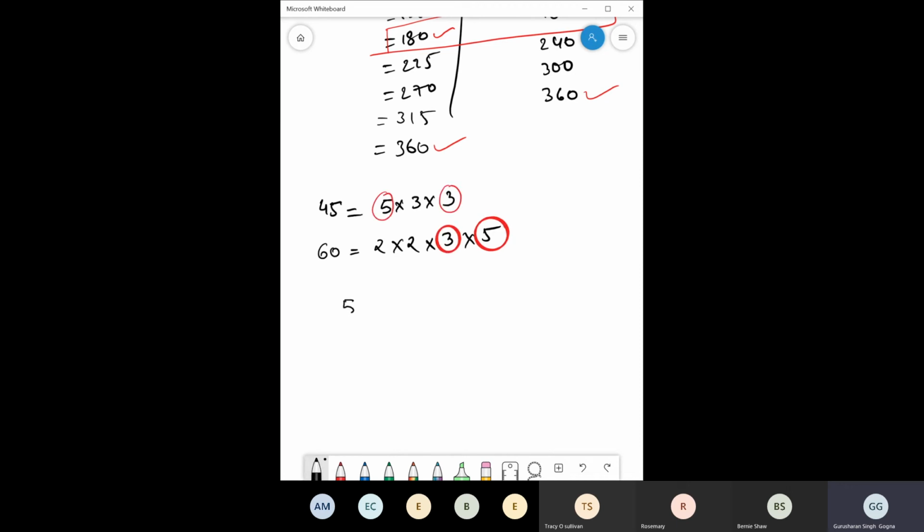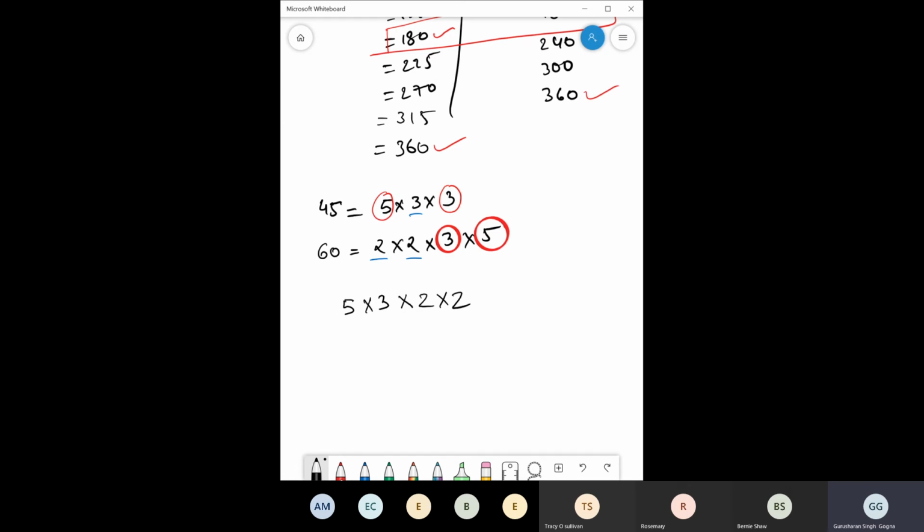So write down here 5 and 3. Obviously this is your highest common factor, but for LCM you need to do one extra step. Write down the 5 and 3 which are common, and then write down the single ones as well. What are the single ones left? 2, 2, 3.